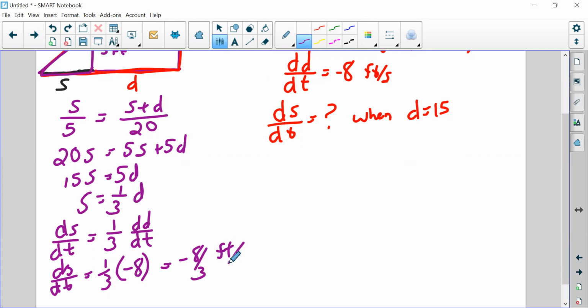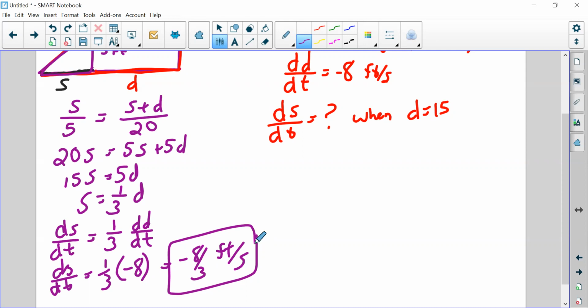Seconds. So we know when the woman is 15 feet from the street lamp, the length of her shadow is decreasing at a rate of 8/3 feet per second. And we figured that out.